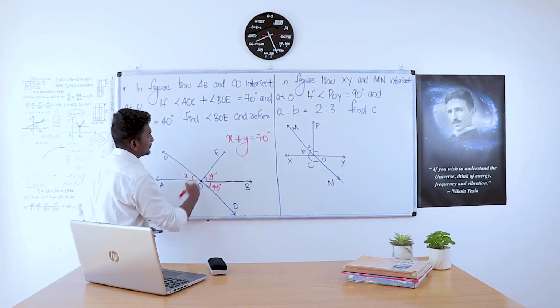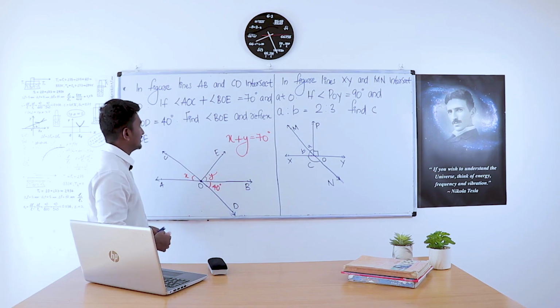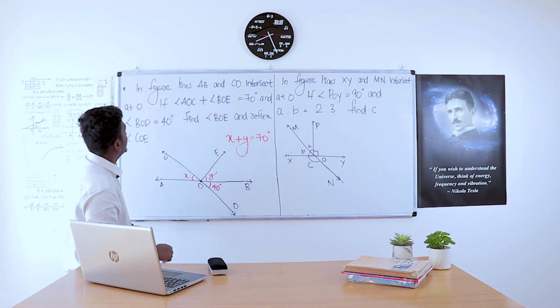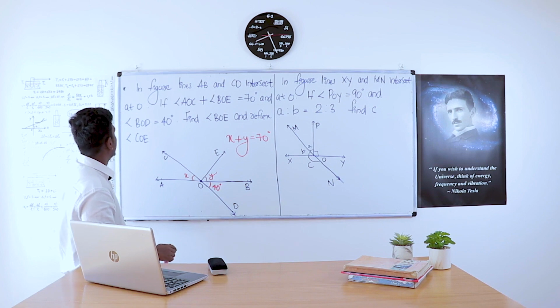That means we have to find angle Y, what is the value of Y? And then we need to find the reflex angle of COE. For finding the reflex angle, we have to find the accurate value of COE.